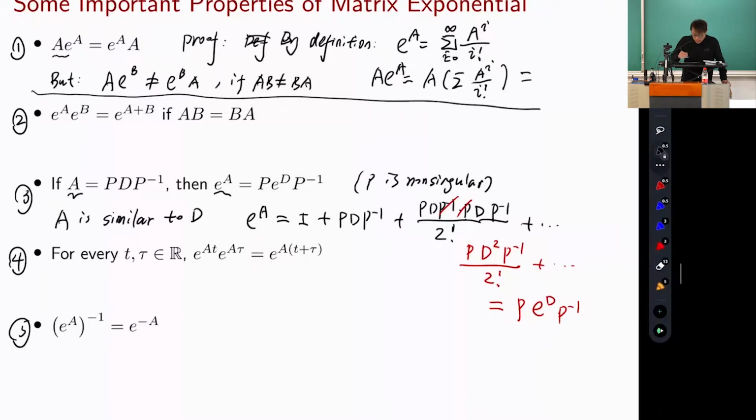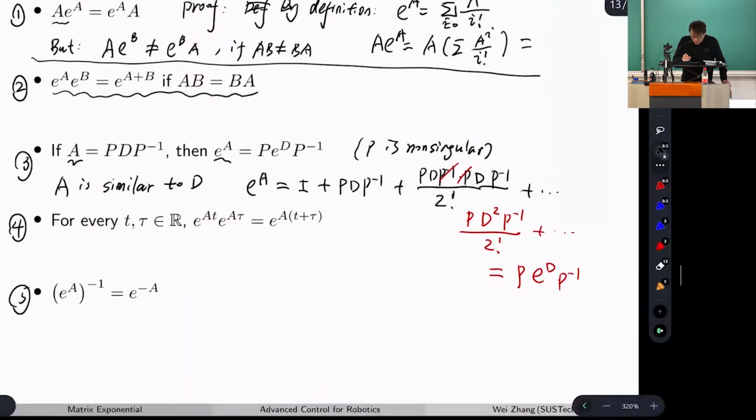Let's assume that suppose this is the case, let's accept that: whenever AB equals BA, e to the A times e to the B equals e to the A plus B. Looks pretty intuitive, but how do you prove it? But let's assume this property is correct. From 2, can you show this one?